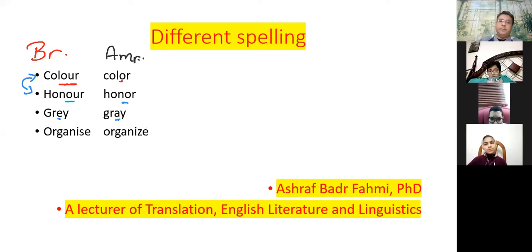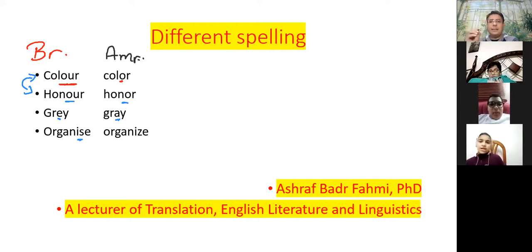Another example, like S when I pronounce it as Z. The Americans write the S as Z. For example, organize. Organize here with S, but I pronounce it Z, realize.